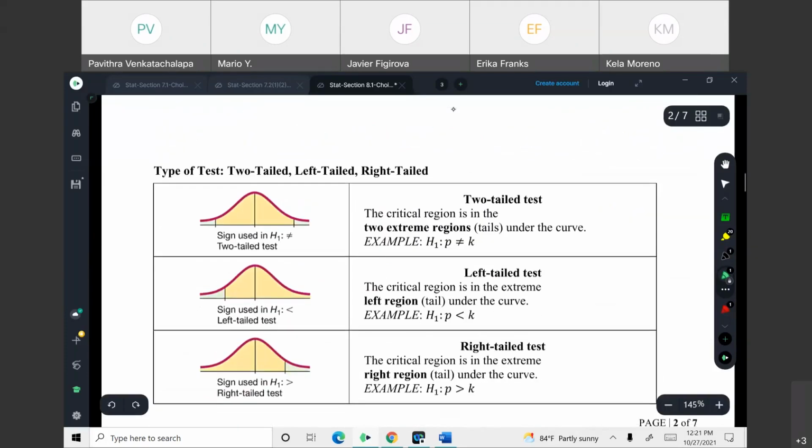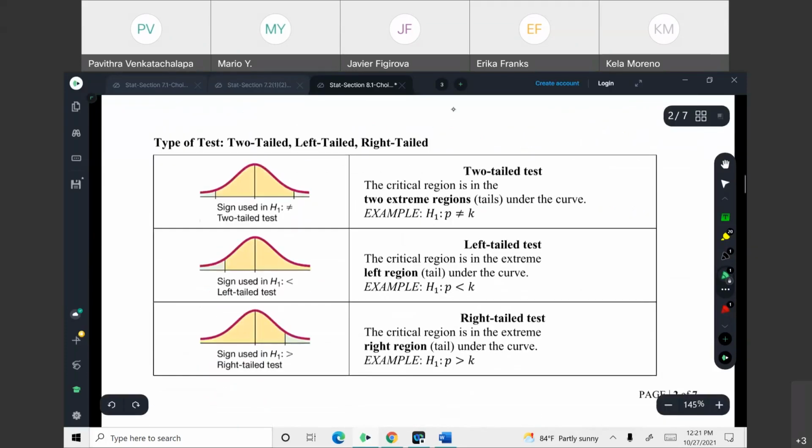Okay. So next is a type of test. So we have three types: two-tailed test, left tail, and right tail. So when do we call this? Now, if you can see this table, if your H1, that is your alternative hypothesis, consists of this symbol, not equal to, then we call it two-tailed.